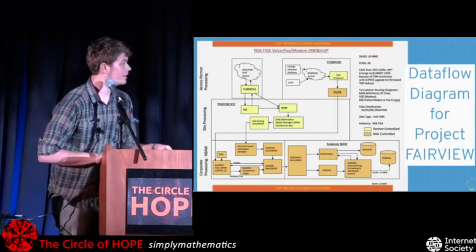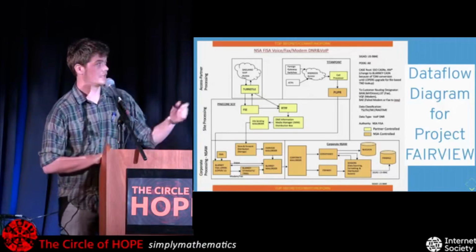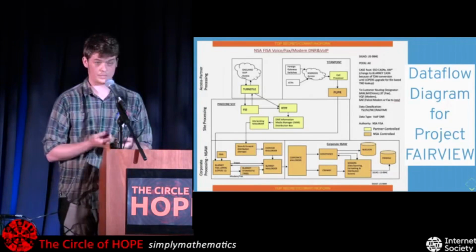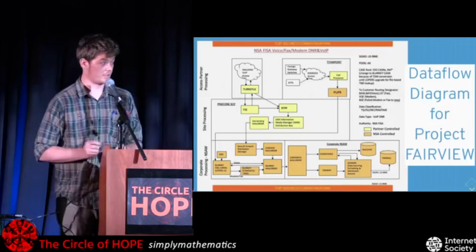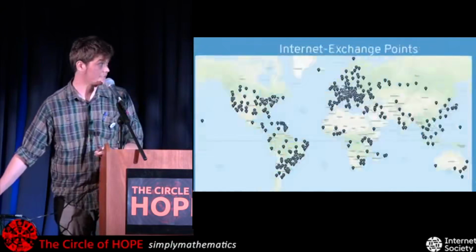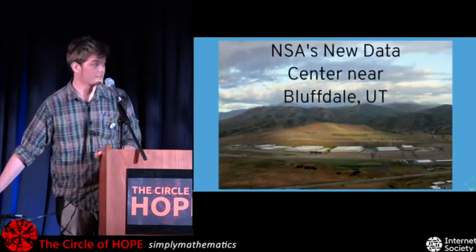Essentially, what they do is take these fiber optic cables and make a copy of all the data going through them, and then they send it to a data center in Utah.